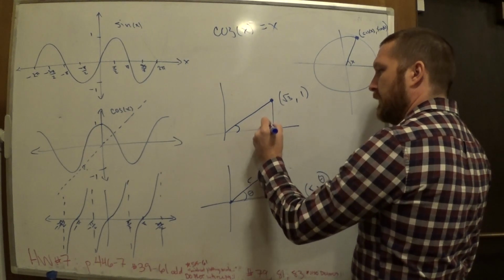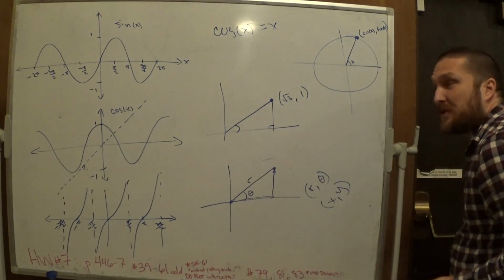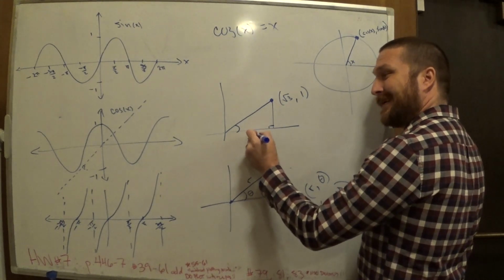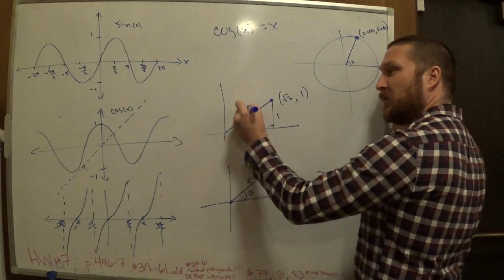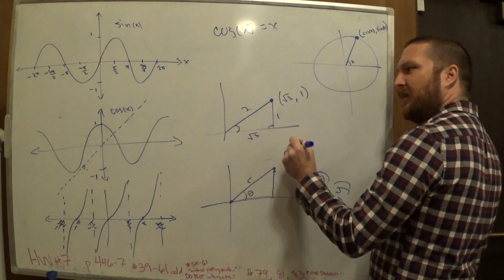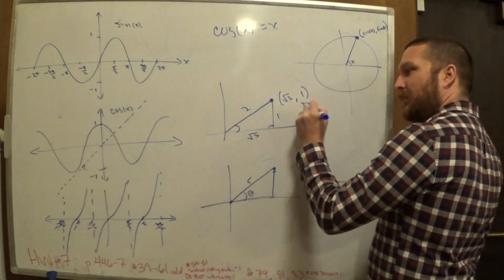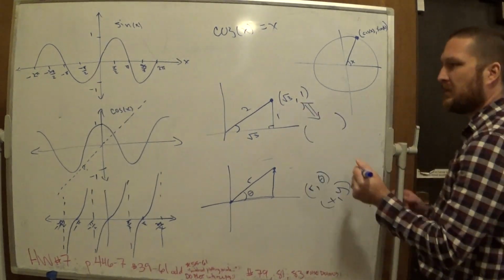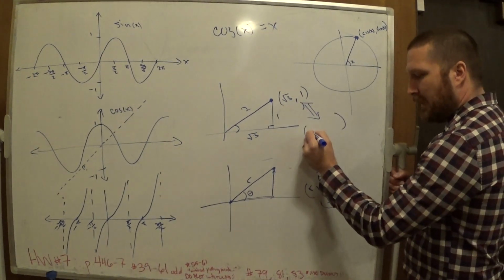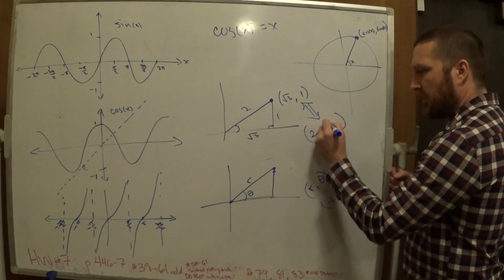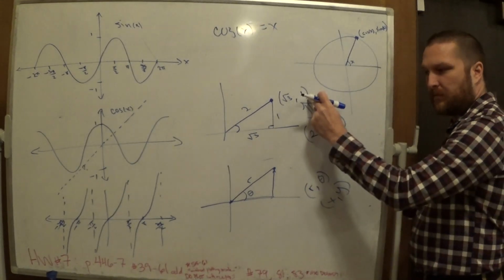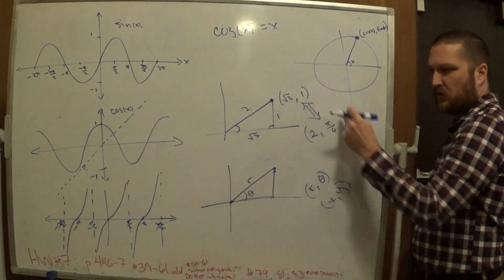The radius is 2, because if you notice the way I set this up, that length right there is root 3, that length right there is 1. You know that's 2. And then what's that angle? Pi over 6. And so we could say this point is exactly the same thing as saying 2 comma pi over 6. I could give you 2, pi over 6 and you'd know that you'd end up there. Or I could give you this and you could tell me that.